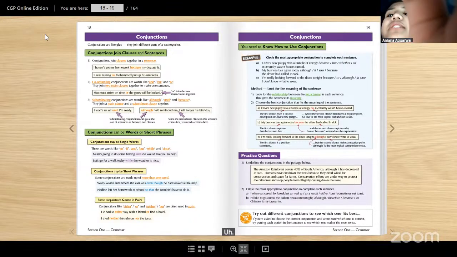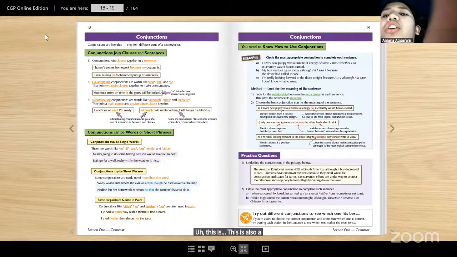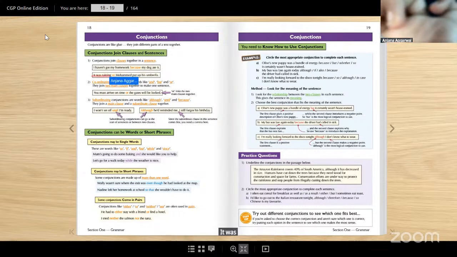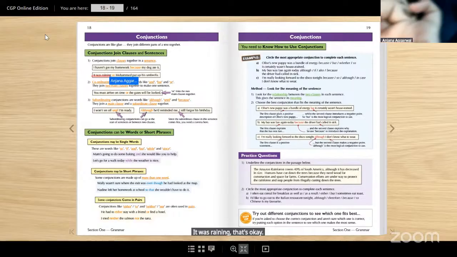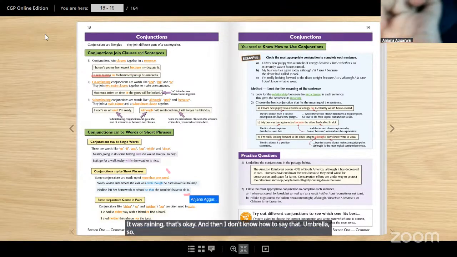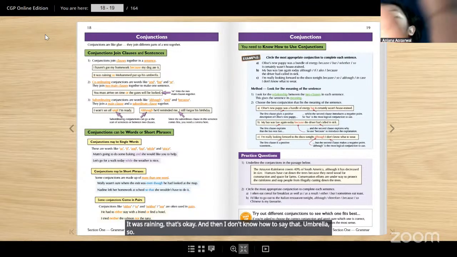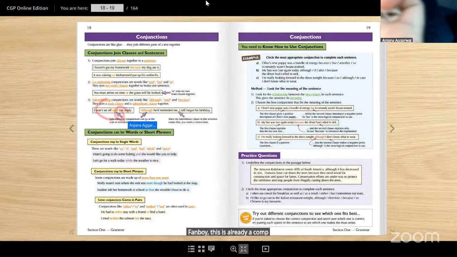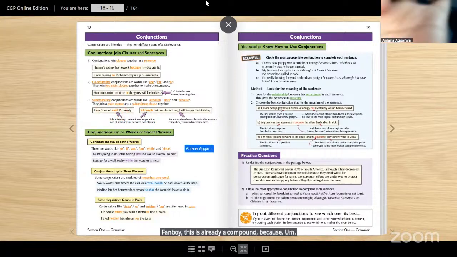This is also complex, because "it was raining." That's okay. And then "put up his umbrella." So, FANBOYS. Sorry, this is compound, because this makes sense: he put up his umbrella.